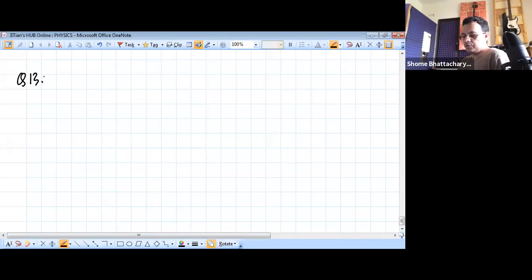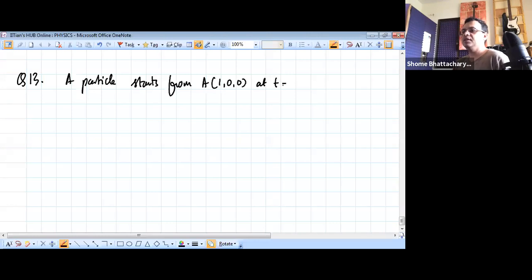So this is about kinematics. It is saying that a particle moving in the 3-dimensional space. Okay. So the particle starts from, let's say, the point E, which has coordinates 1, 0, 0 at time t equal to 0.